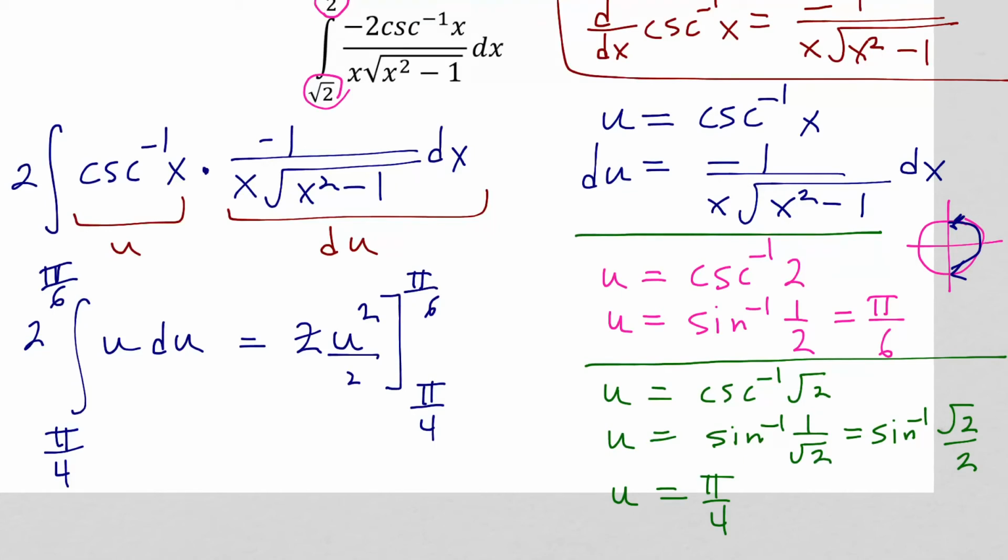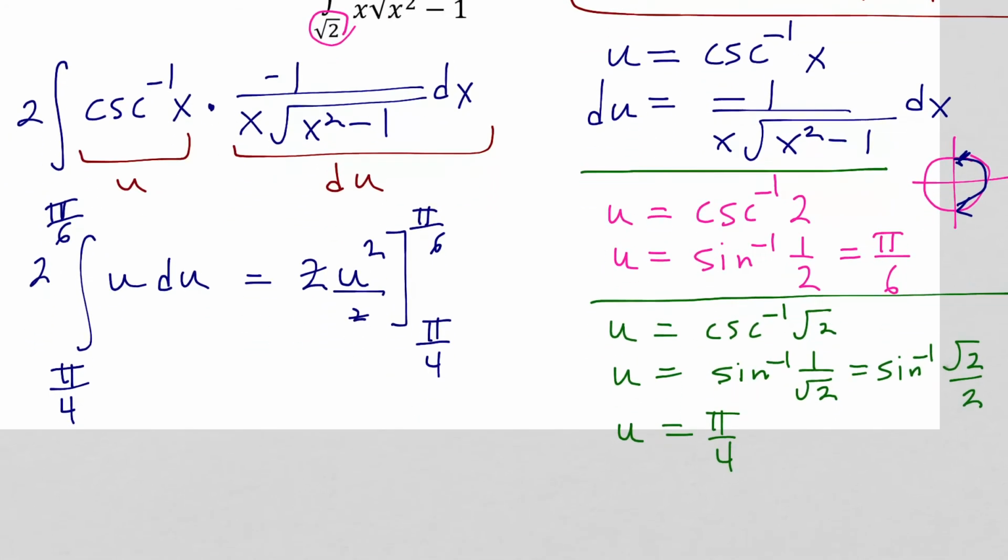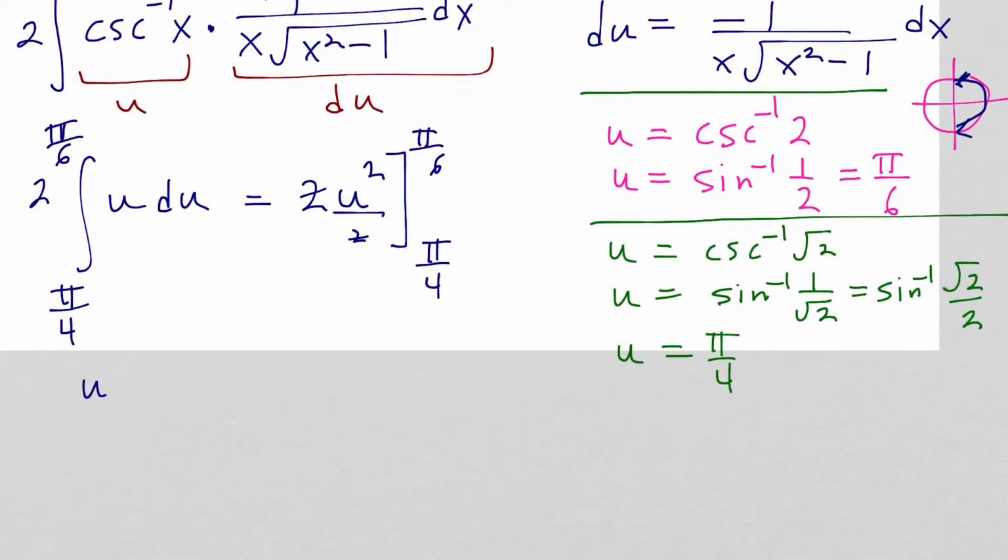Right, these 2's are going to cancel. So I've got u squared evaluated between pi over 4 and pi over 6. So that's equal to pi over 6 squared minus pi over 4 squared.